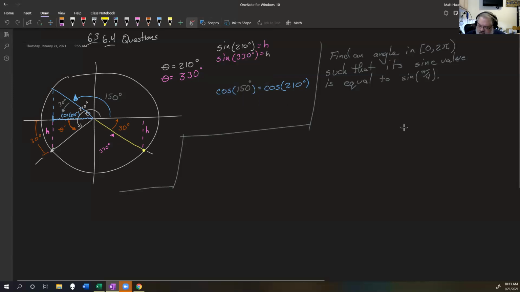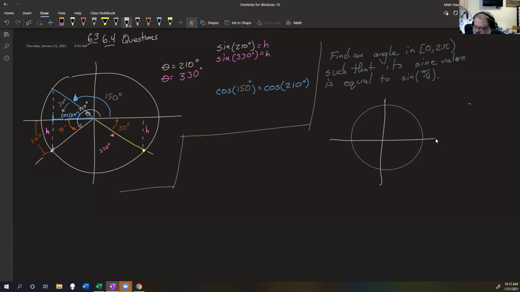But I am going to encourage you guys, as I said, whenever I do these, I draw myself a little diagram, because it keeps me organized.